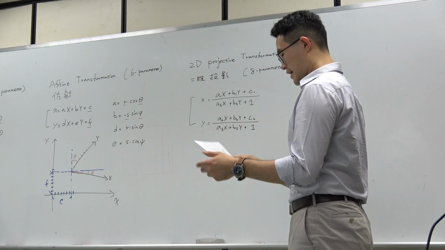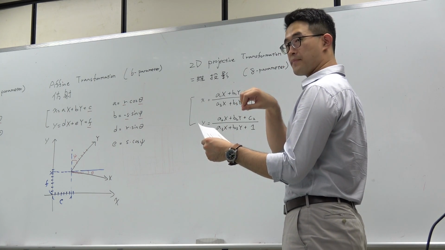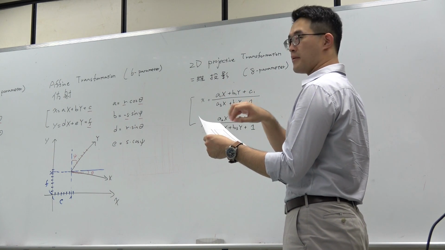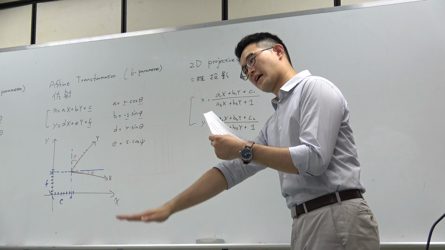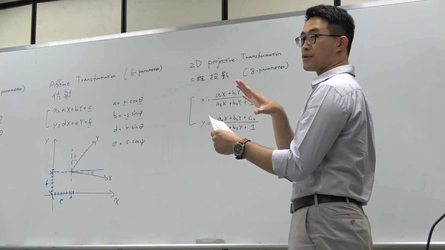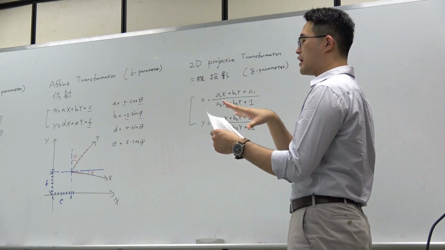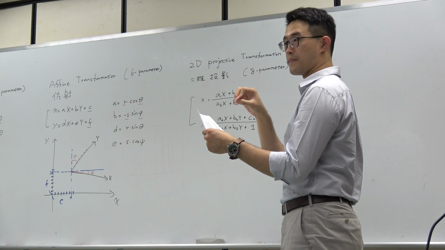So the projective transformation is like if you have a camera over here, just imagine right now you have a camera and this is your image plane. This is your image plane, and that's your object space coordinate system. So in this case, you are taking a photo, and when you are taking a photo, this is called the central perspective projection, right?